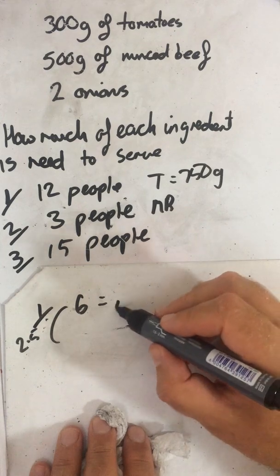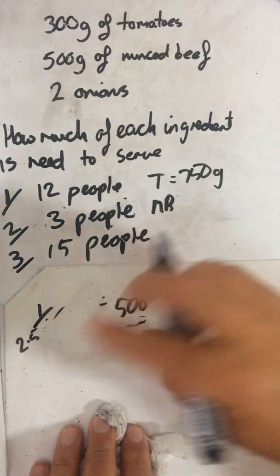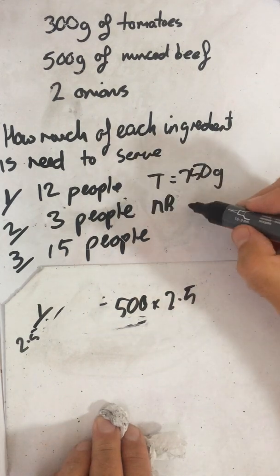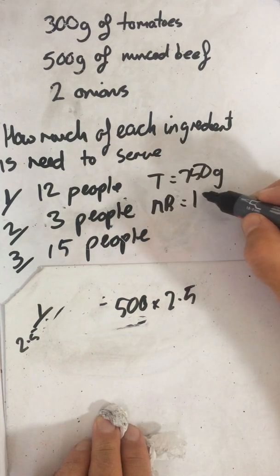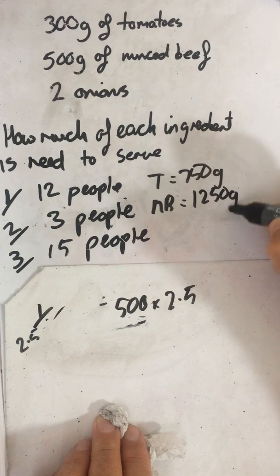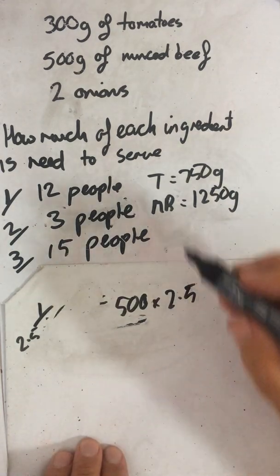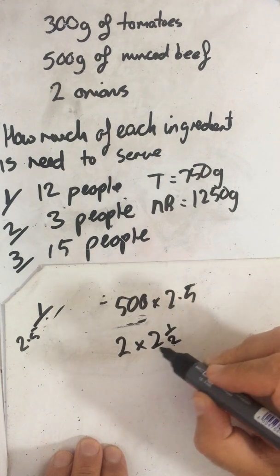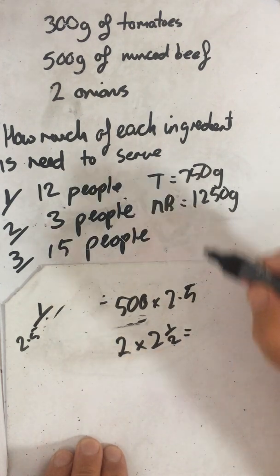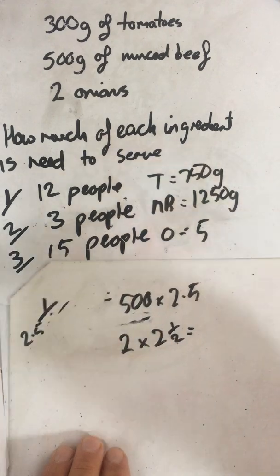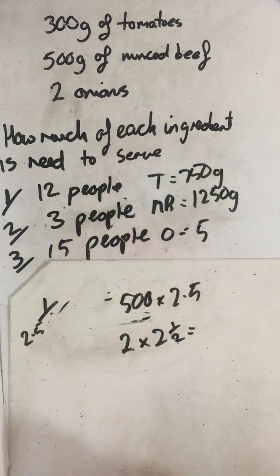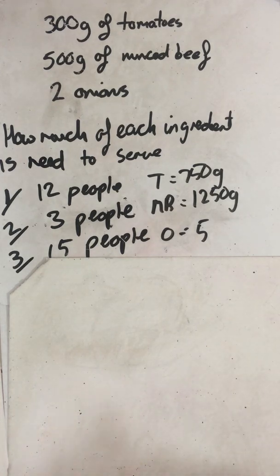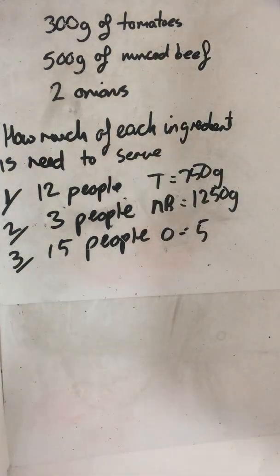So 500 times 2.5 will give me 1,250 grams, or 1.25 kilograms. And then the onions, 2 times 2.5: 2.5 times 2 gives us 5. So onions is 5. As long as when we work out what we have to multiply each question by, it's pretty straightforward.